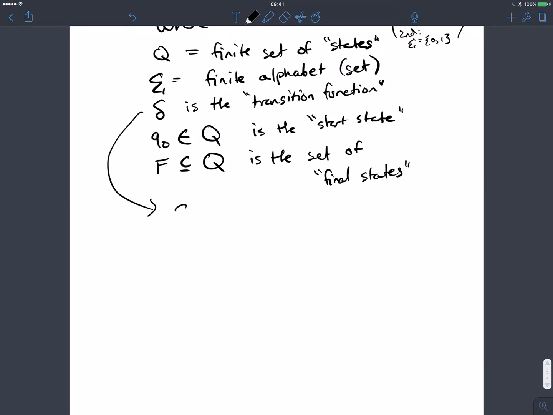Let's write that as a function: delta is a function from Q cross sigma to Q. What that means in English is you provide a state and an input symbol, and you output exactly one state of Q. Does this say that every pair of state with input symbol is defined?